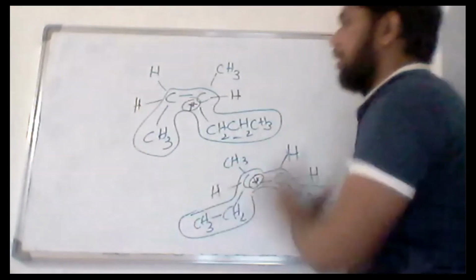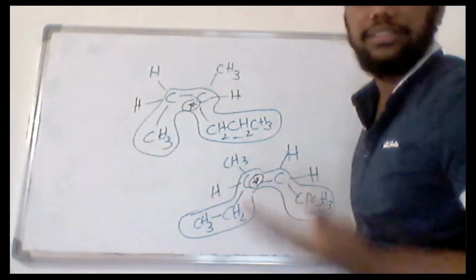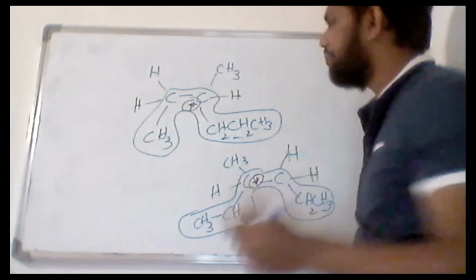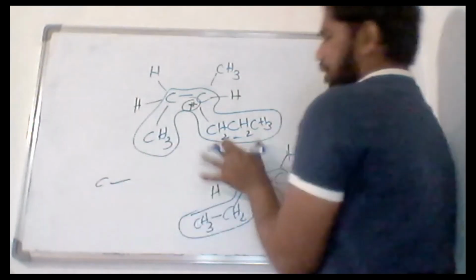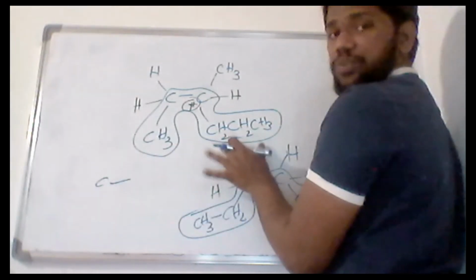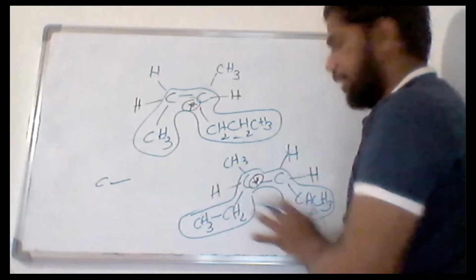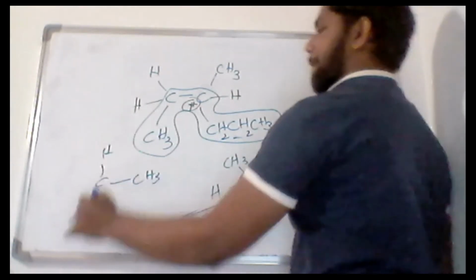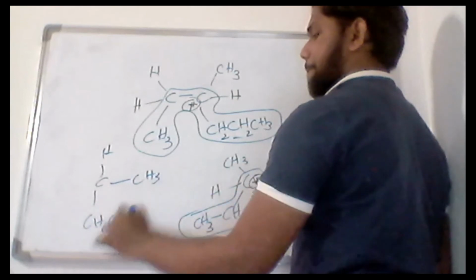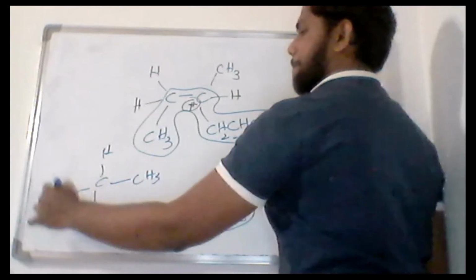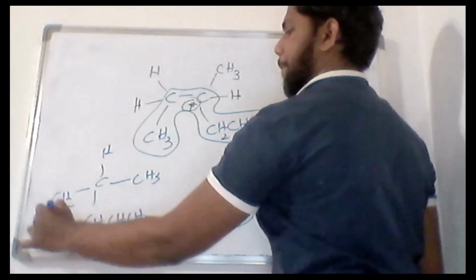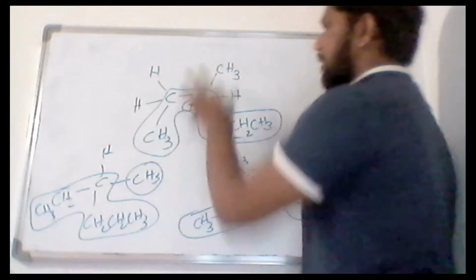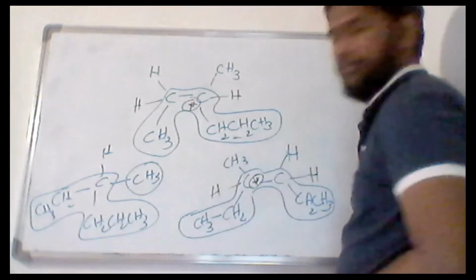Now, based on this, what should be our structure of A? Clearly, you need to understand it should be this one, where we had CH2, CH3. So typically, it should be this one, a methyl substituent.